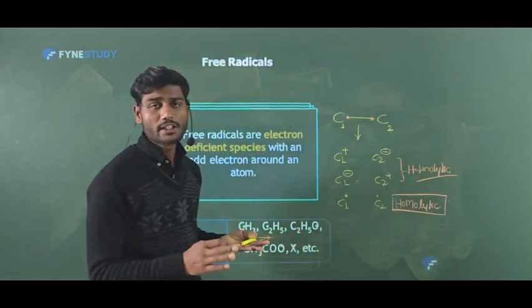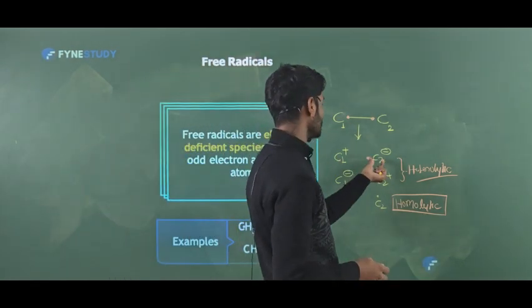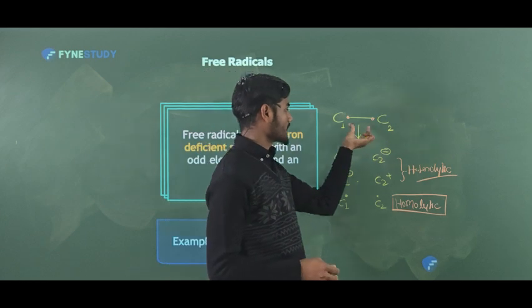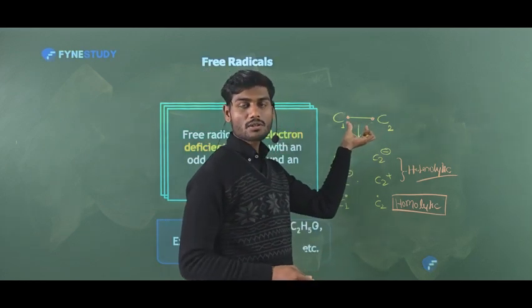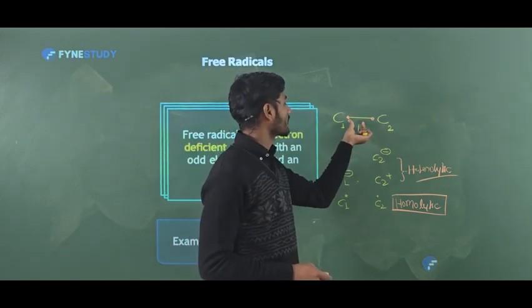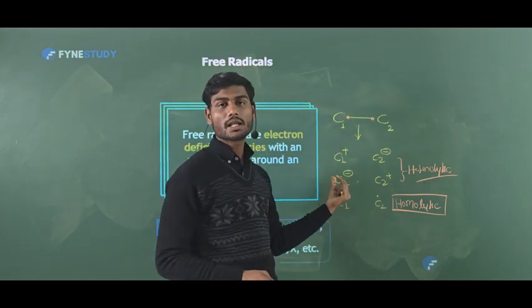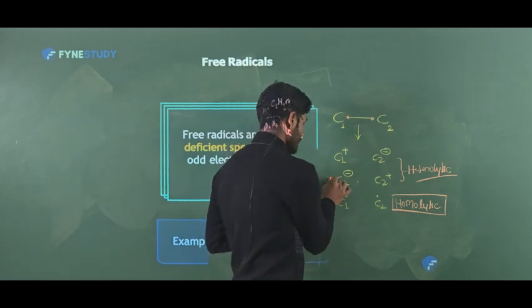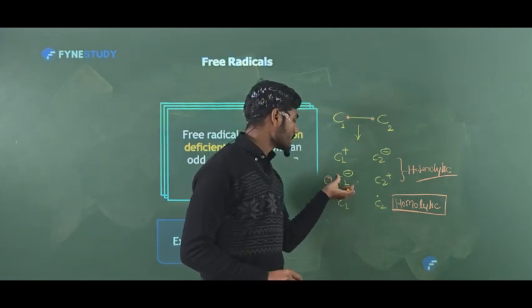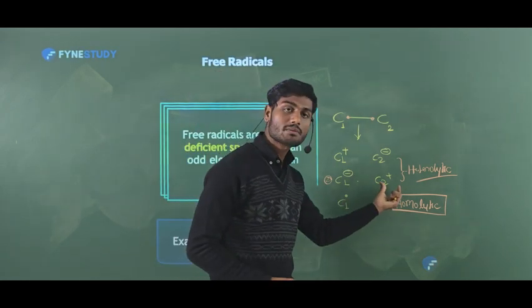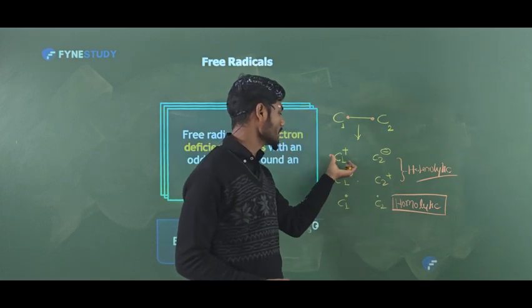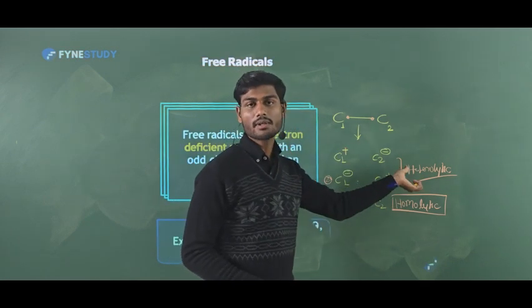Hetero means what? Different. It means in this case there is unequal participation. So C1 has taken both the electrons, and this one is the second case. That's why C1 has a negative charge and C2 has a positive charge. Just reverse in this one. So C1 has a positive charge and C2 has a negative charge.